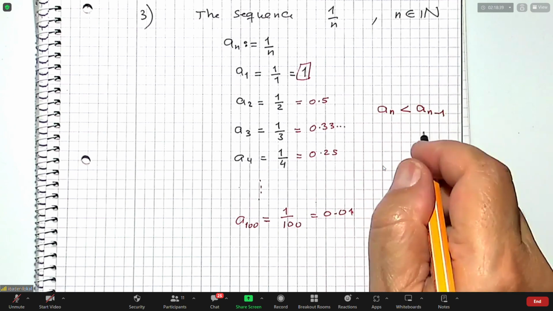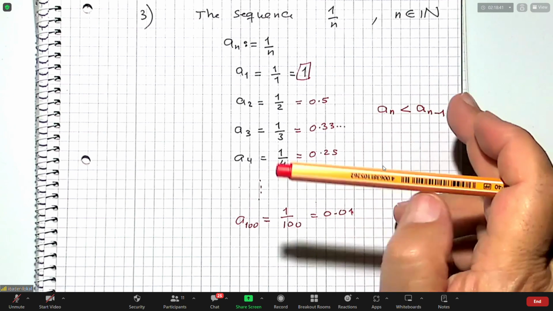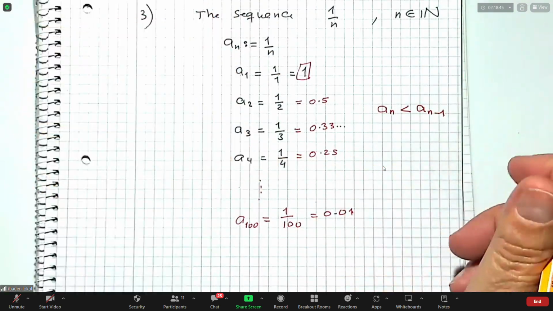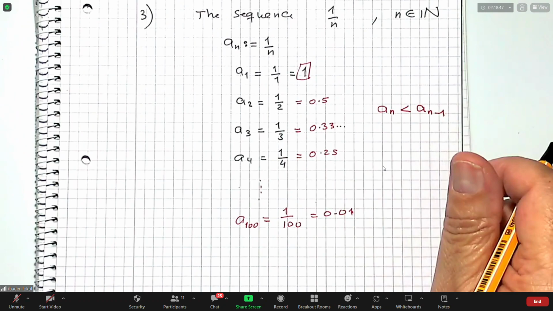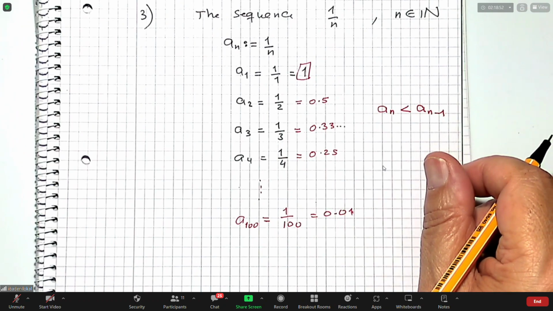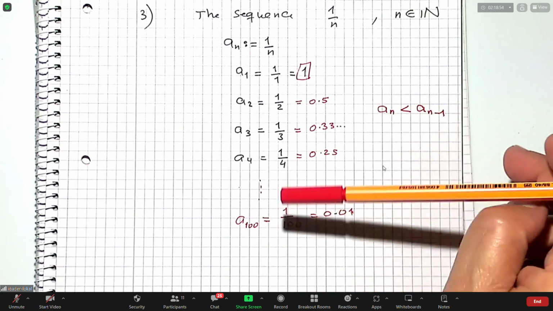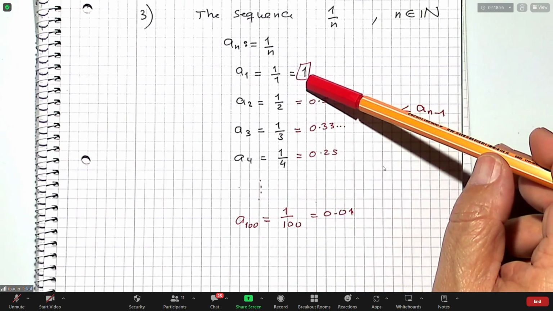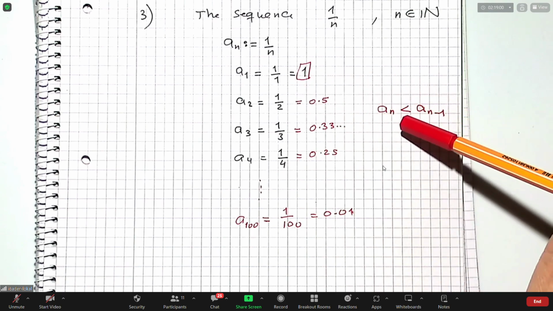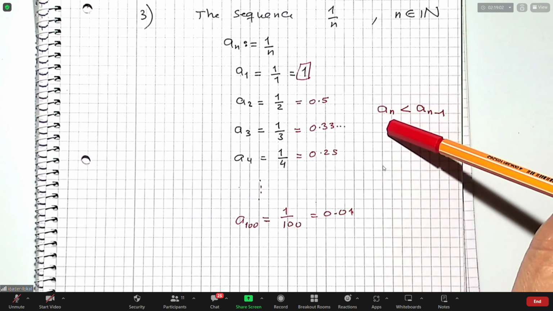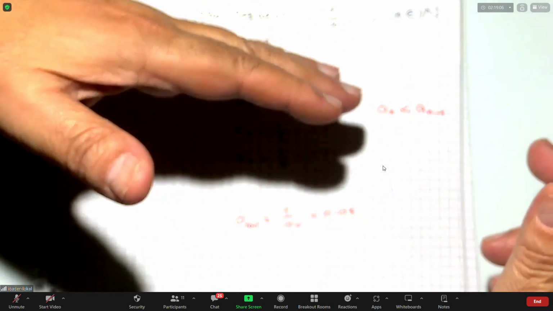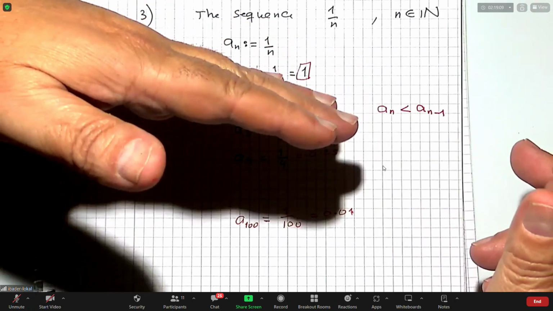Okay, this is one important way to check whether a sequence, later we will talk about the concept of converging and diverging, whether a sequence is converging or diverging. And notice that 1 here acts like an upper limit for the sequence.